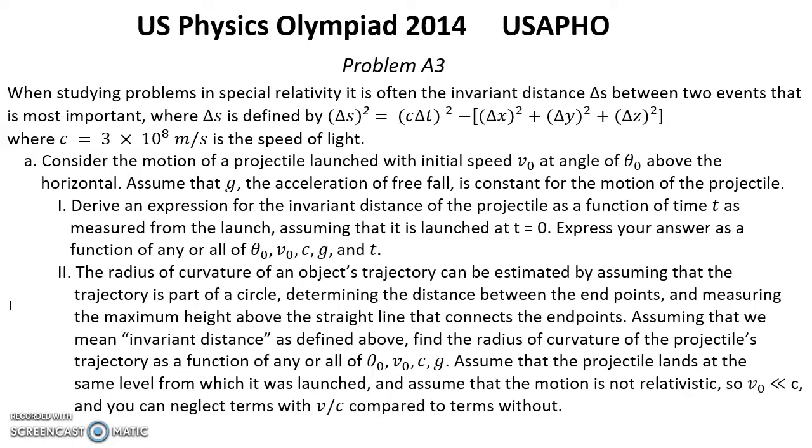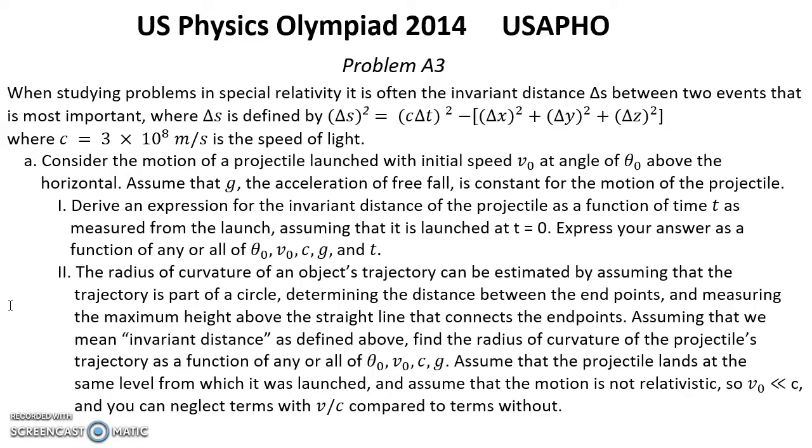Question 2. The radius of curvature of an object's trajectory can be estimated by assuming that the trajectory is part of a circle. Determine the distance between the end points and measure the maximum height above the straight line that connects the endpoints.